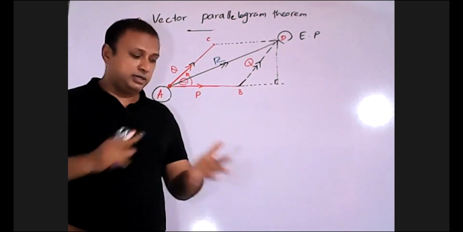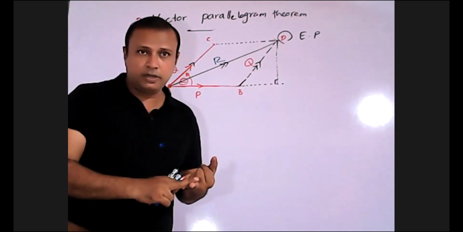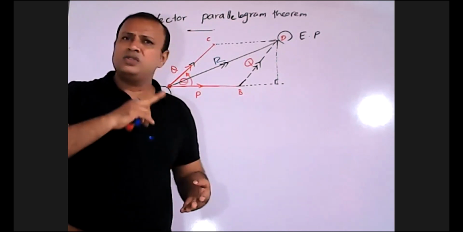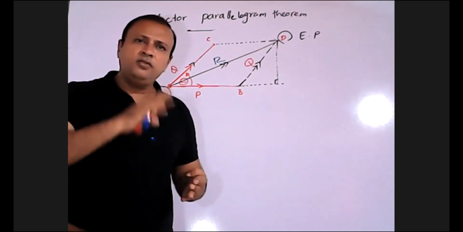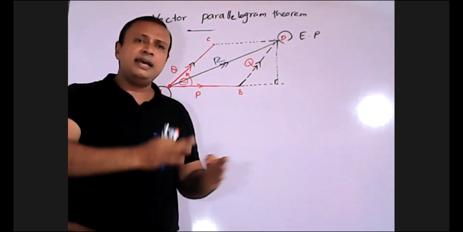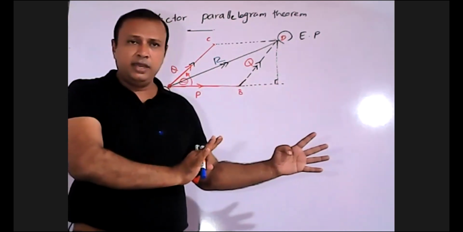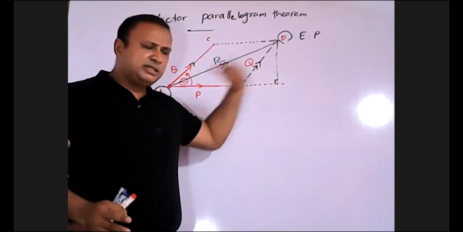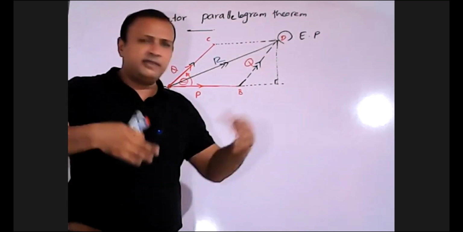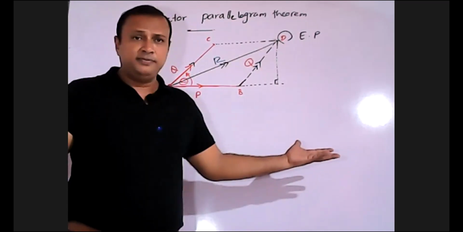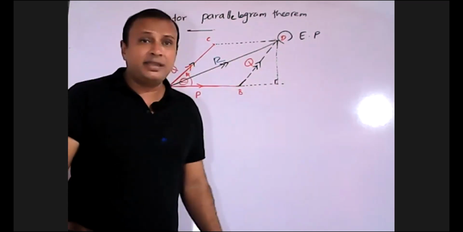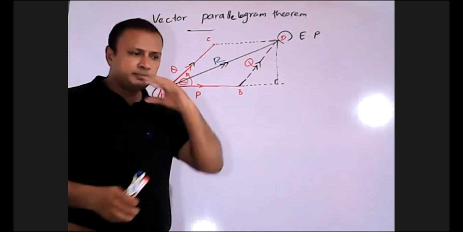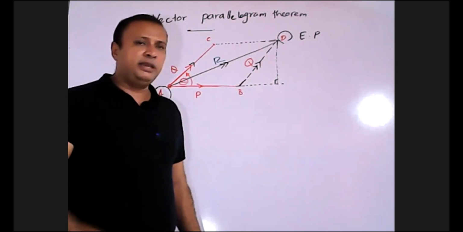You cannot mention line of action or point of action when you define a vector, because those features are not common to every vector. Some vectors don't have a line of action or a point of action. They have only magnitude and direction.